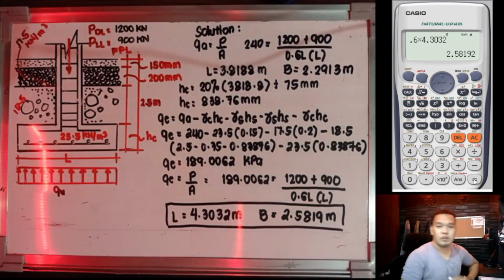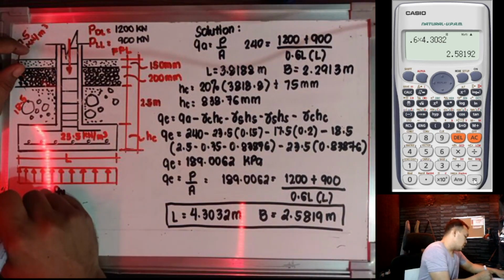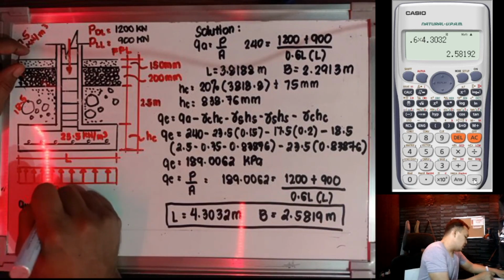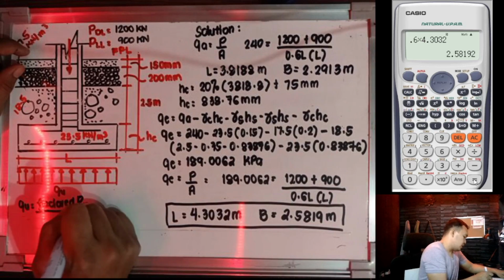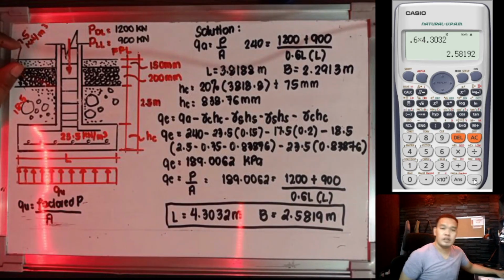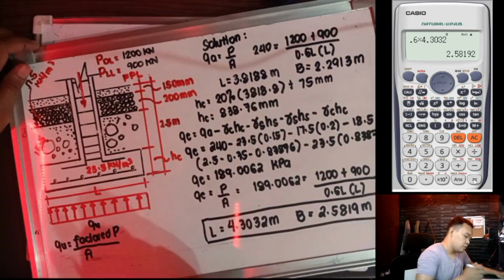Then after we get the actual dimension, which is the length and the width, we could get the value of ultimate soil pressure, QU. So we have here QU is equivalent to factored P all over area. Okay? So we have here the formula.